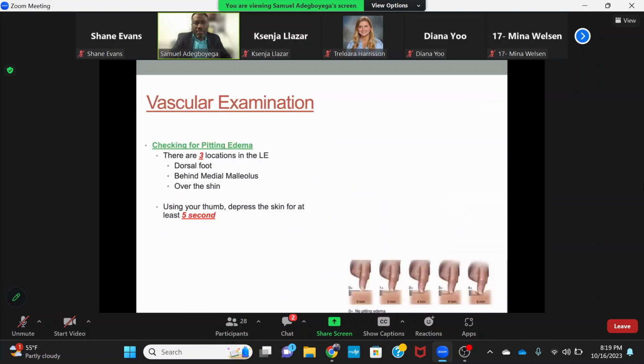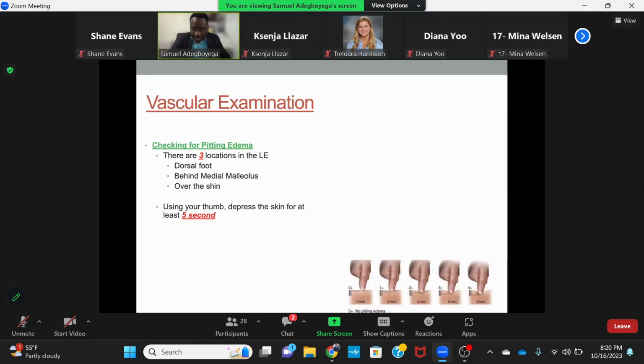Okay? That's easy. Edema, you guys know that already, right? When it comes to edema on the exam, if they give you something like this, remember this: if it's 2 millimeters of depression, divided by 2, you get +1. But if they don't give you that, the best way of coming up with your pitting edema grade is to use your time, in seconds, okay?